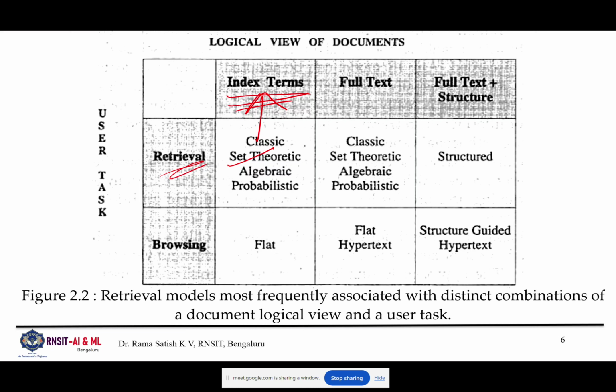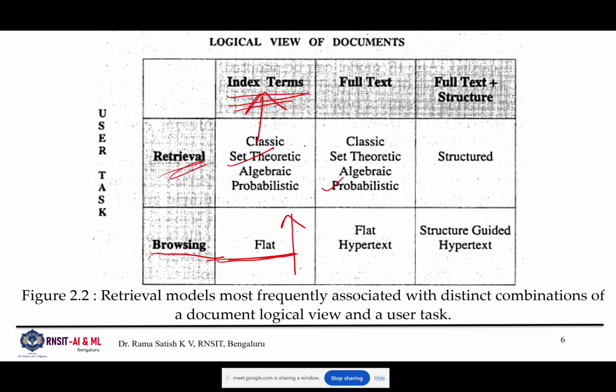And of course, with respect to browsing, browsing also follows the same index terms for extracting the flat files. And when it comes to full text, if you want to retrieve the full text, you certainly use the set theoretic model as well as the algebraic model as well as the probability model.